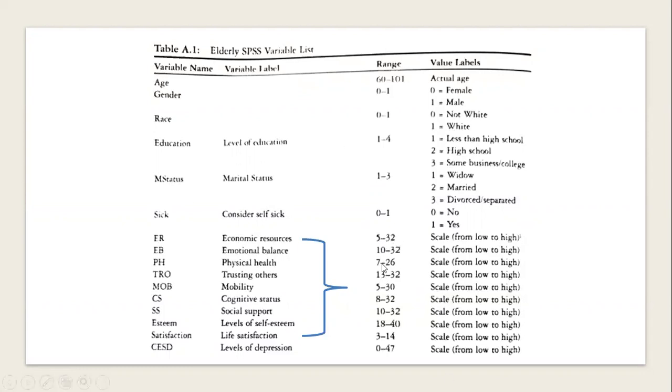They all start off with some number, whether it's 5 to 32, 10 to 32, 7 to 26, 13 to 32, and so on and so forth. Each of these scales represent continuous data, so we're at the interval level of measurement. However, there's no true 0 point. So just keep that in mind. Each of these variables here represent the interval level variables in our data set.